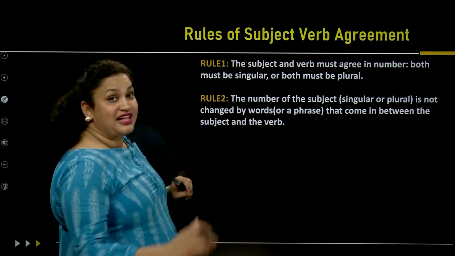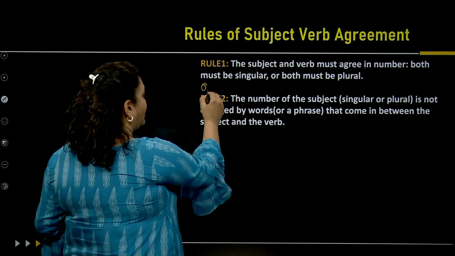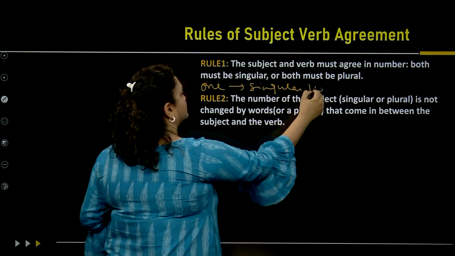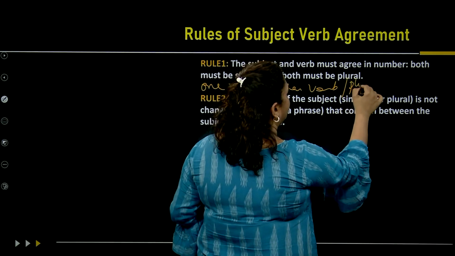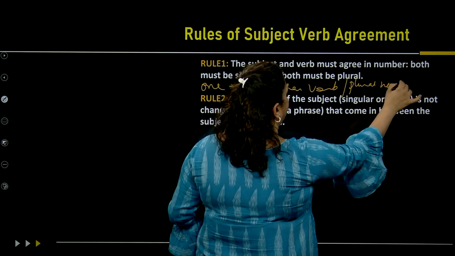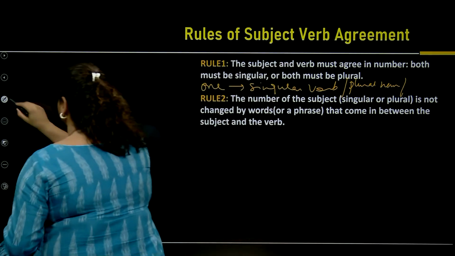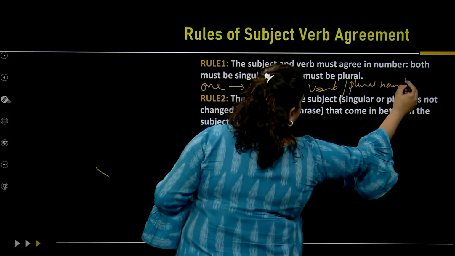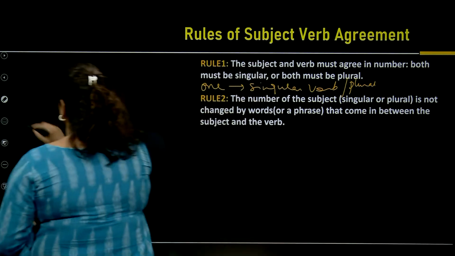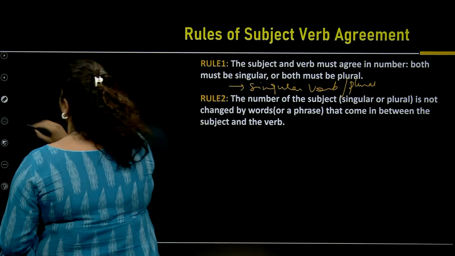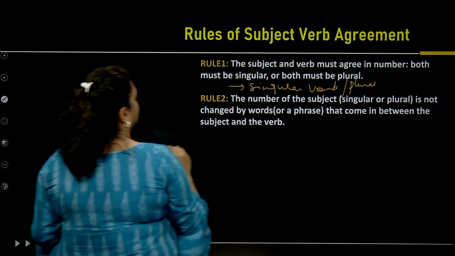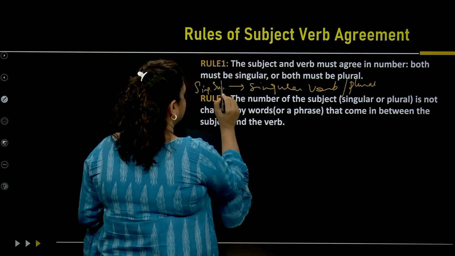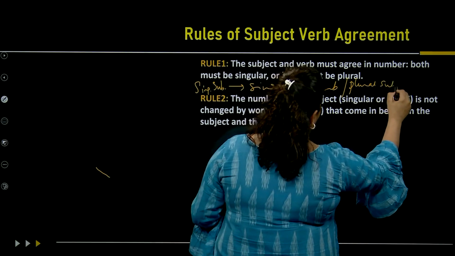The number. So for example, if I have one, then I am going to use a singular verb. If I have a plural noun, I will have a plural verb.